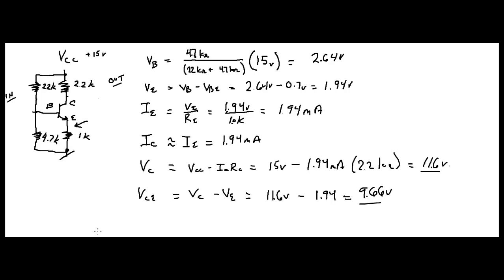Now, another thing is, a lot of times beta can be quite variable, all right? You might be given a range. If you look at the spec sheet, it will give you a range of beta. So you can use Thevenin to determine if that's going to affect your circuit or not. Generally, this is the way you would do it, all right?